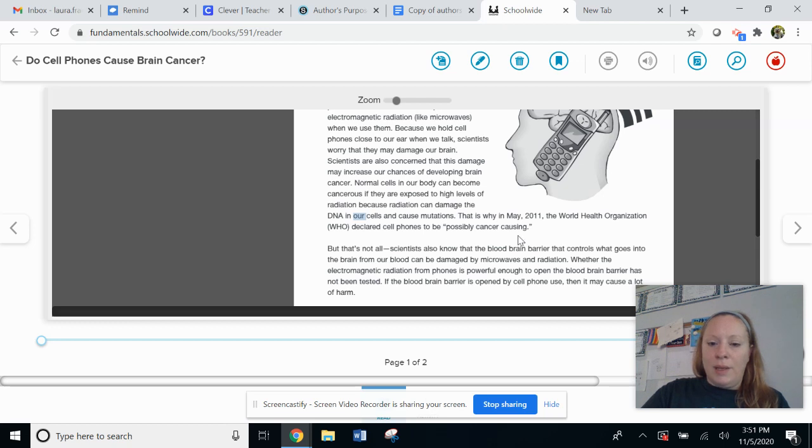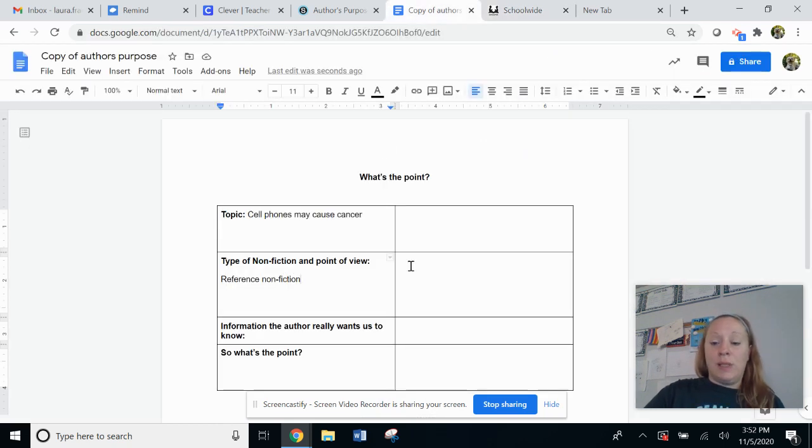That's why in May 2011, the World Health Organization, WHO, declared cell phones to be possibly cancer causing. Well, even though it's not saying I, this is still the plural version of first person because it's saying our cells and our body. So this would still be considered first person.